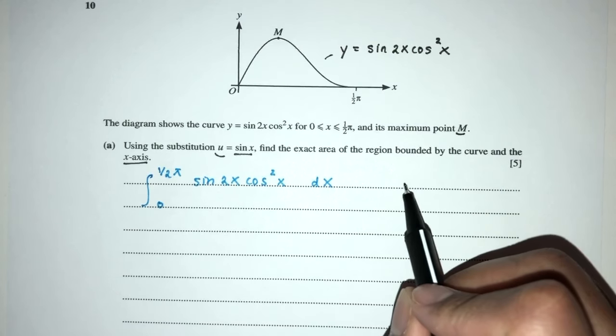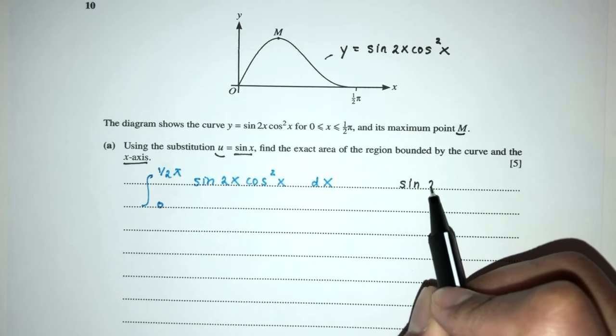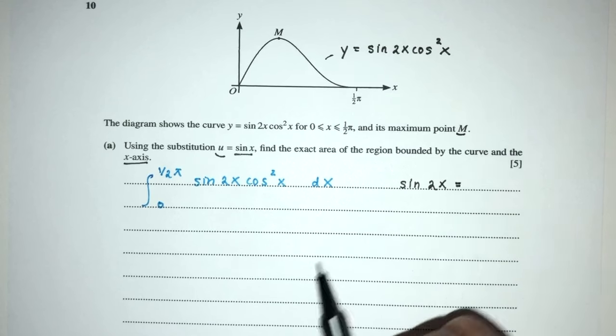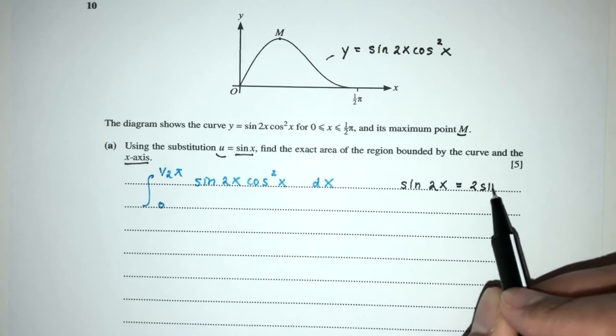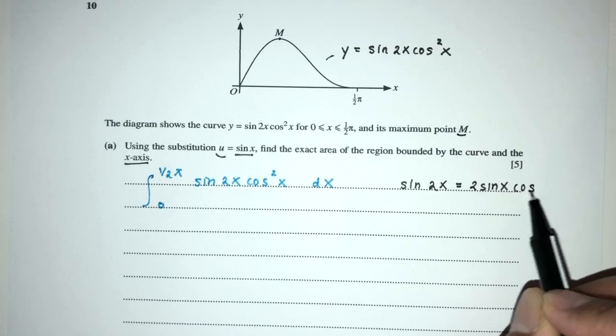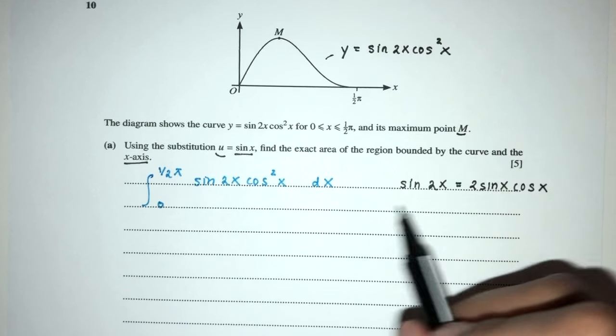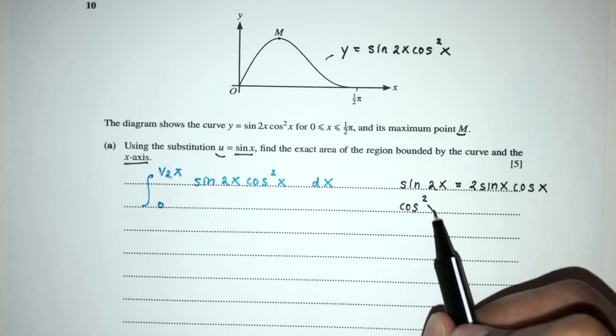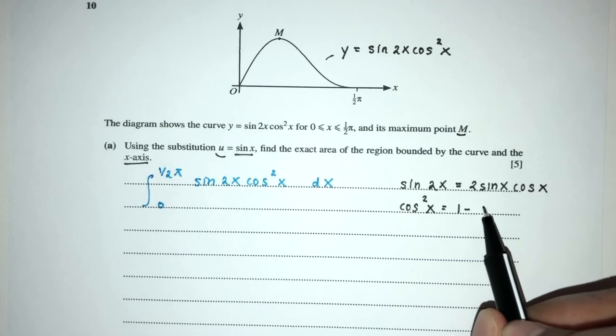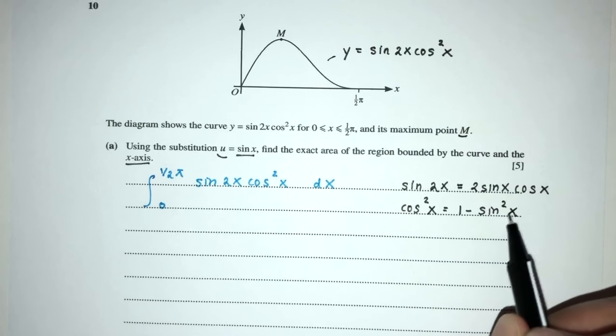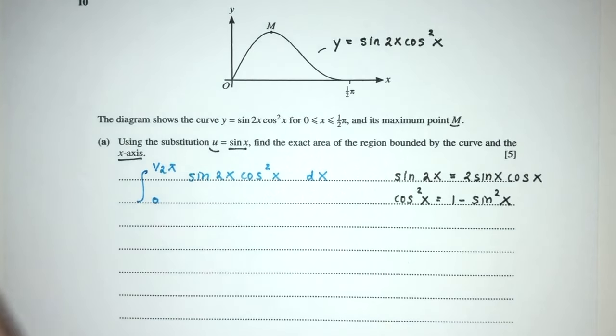Now, if you realize, what is sine 2x? It is a double angle. That will become 2 sine x cos x. And what is cos squared x? That will be 1 minus sine squared x.